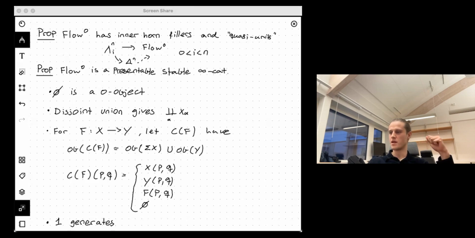This principle has multiple incarnations in higher category theory. For instance, the theorem that Abouzaid and Blumberg use is a theorem by Steimle. He gives a precise condition on a semi-simplicial set that satisfies these inner horn fillers for when you can upgrade to a simplicial set, to a quasi-category.